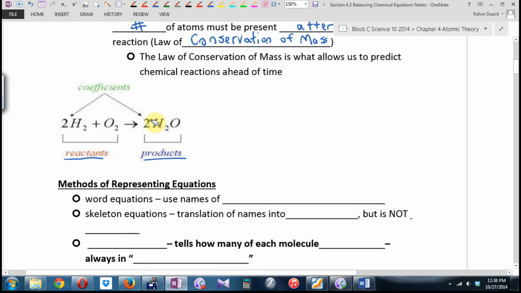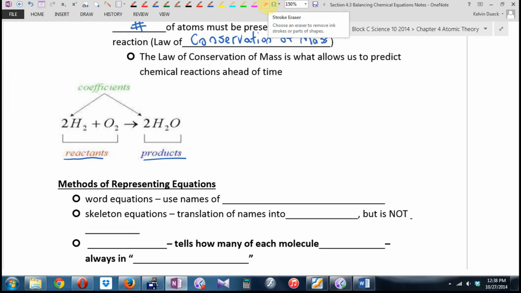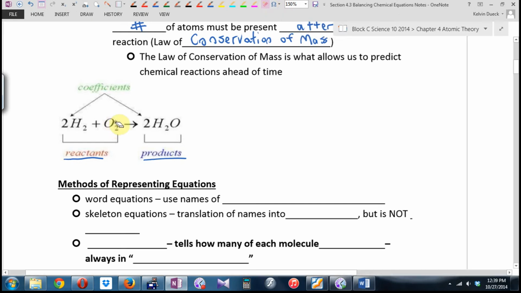You have 4 hydrogens on either side. You have 2 oxygens on either side. What this is saying, by the way, is you can't form a water molecule with 1 hydrogen and 1 oxygen. You need 4 hydrogens and 2 oxygens. Why is it O2, by the way?